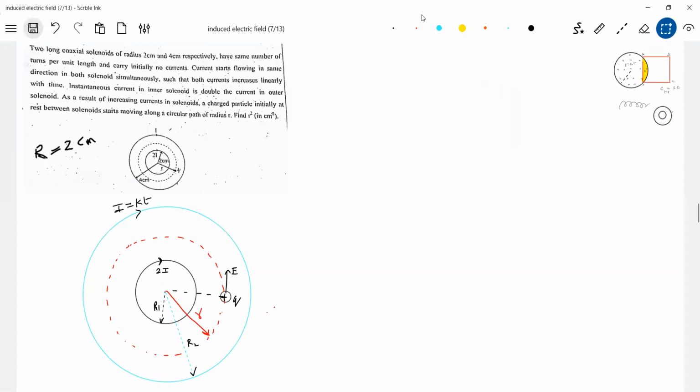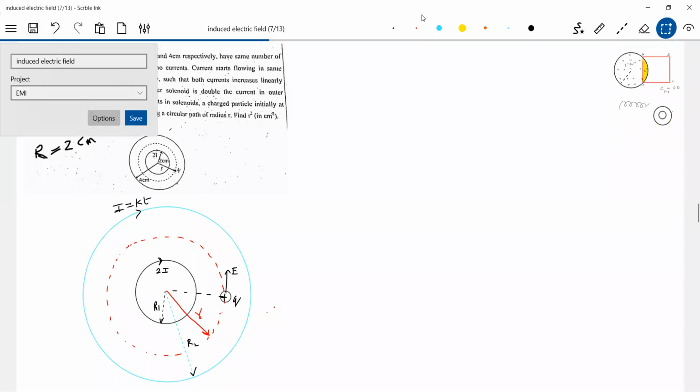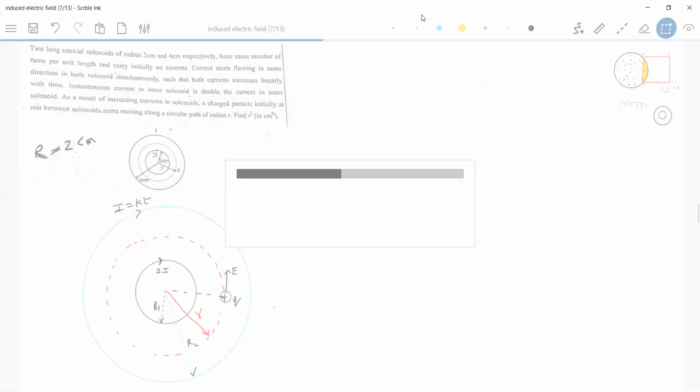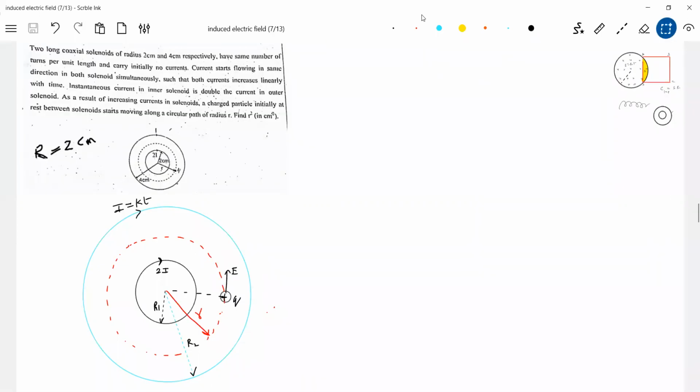So first take only one solenoid. It's solenoid 1 with a black color ring. I'm showing it. So where does it produce field? Only inside it, no? So what is the expression for B1? What do you write? Mu naught N. What is the current? It should be 2kt.